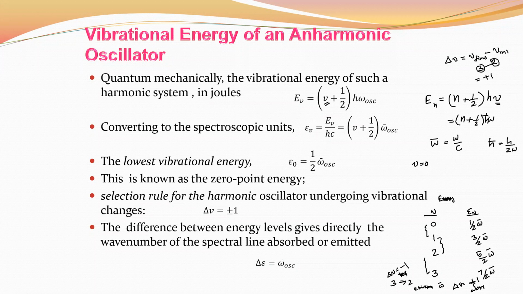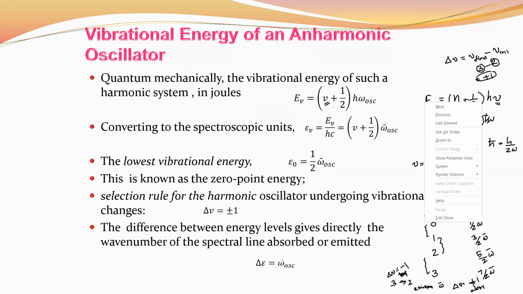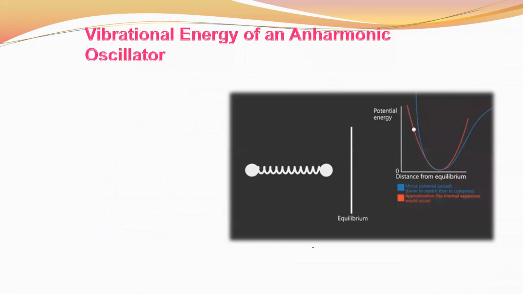The transition is from 2 to 3, which means absorption. So plus 1 is for absorption and minus 1 is for emission. The transition 3 to 2 means 2 minus 3, that is equal to minus 1. Then the difference between energy levels gives directly the wave number of spectral lines absorbed or emitted.